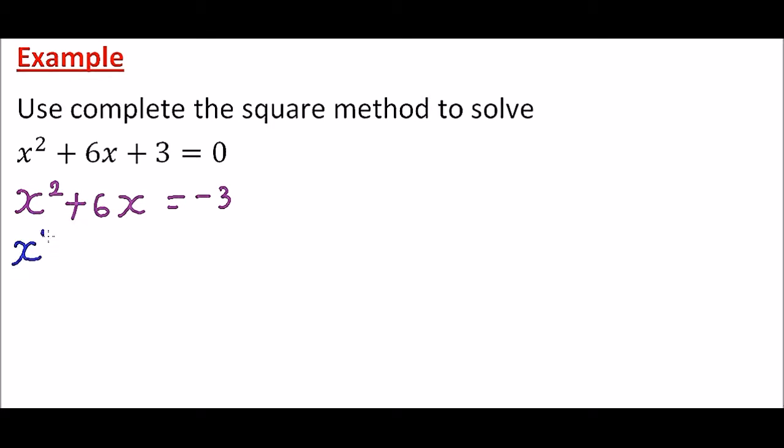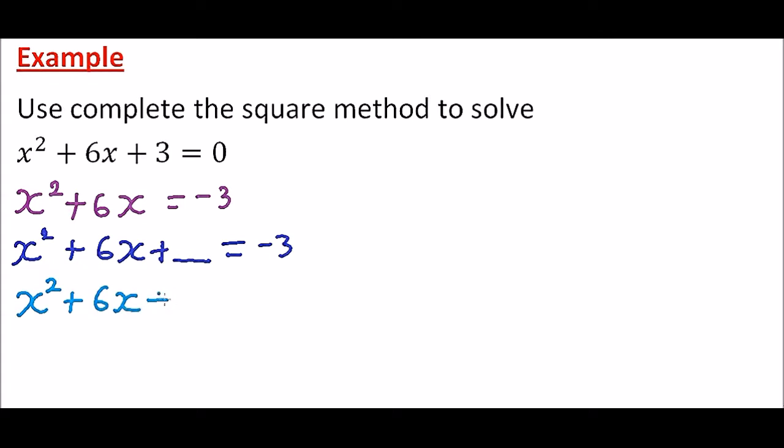x squared plus 6x plus dash is equal to minus 3. So what is to be added here to make this a complete square? We can see the coefficient of x squared is 1. When the coefficient of x squared is 1, to make this a complete square, we write x squared plus 6x.